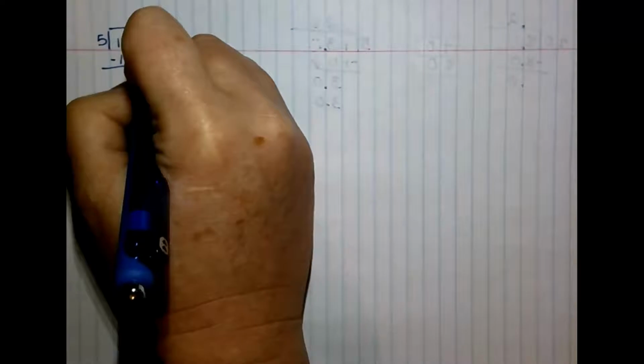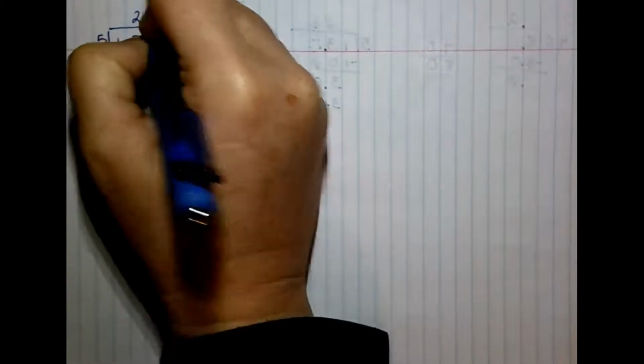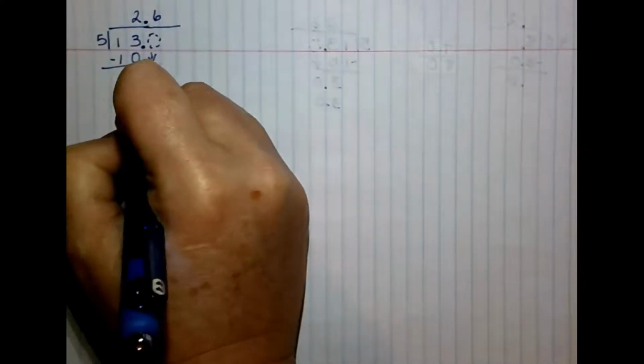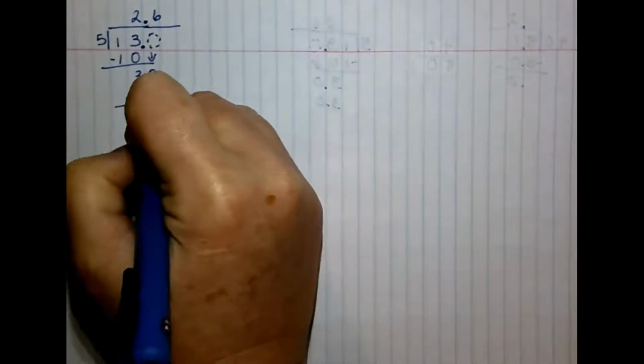And now I'm able to bring that 0 down so that I have 3 still, but now I can count it as 30 tenths. I know that 5 times 6 is 30, so 5 times 6 tenths would be 30 tenths. And I'm going to subtract that. So our answer is 2 6/10.